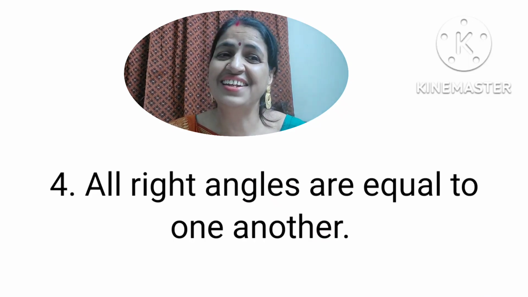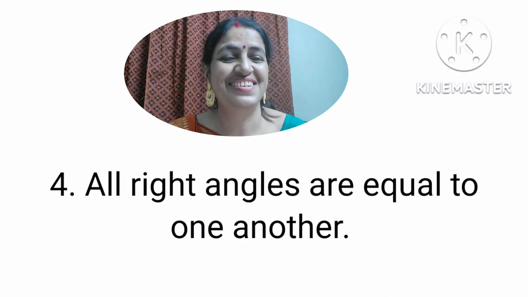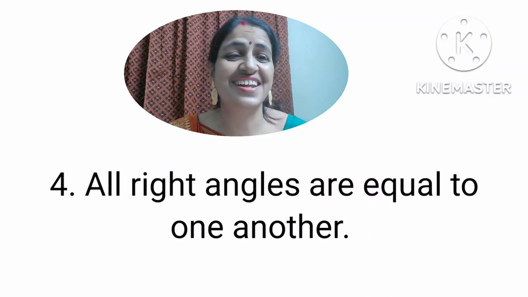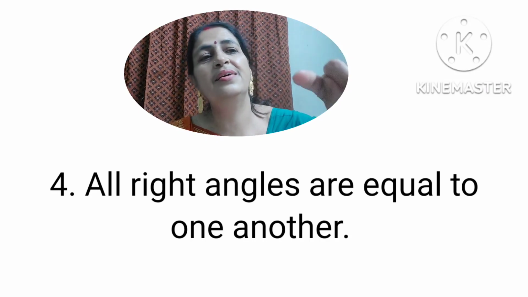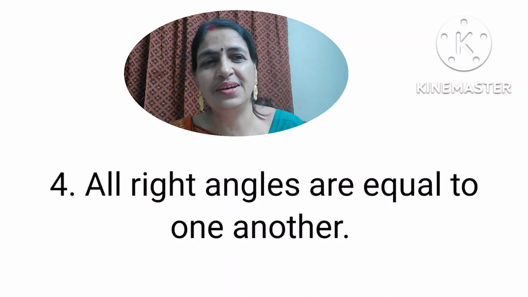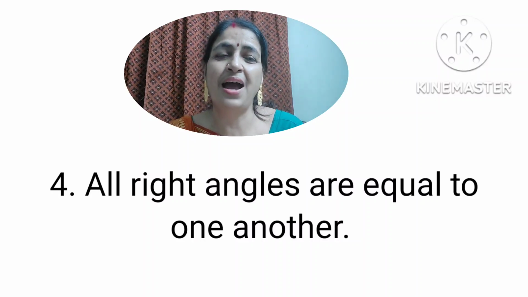Now next. All right angles are equal to one another. Obviously all right angles are 90 degrees, and we can draw them in this way, and in this way. We can draw upward, downward, sideway, any type of right angle.